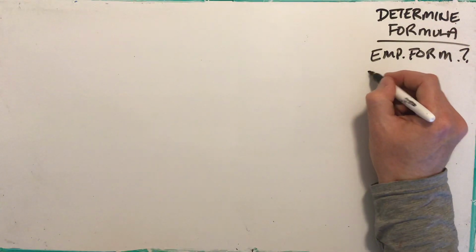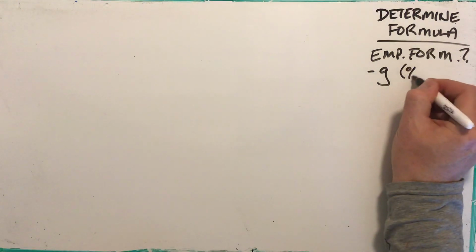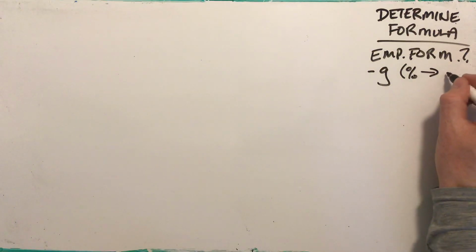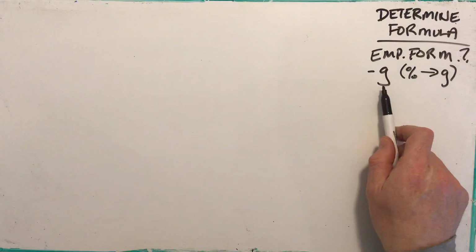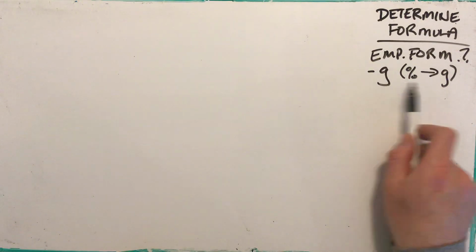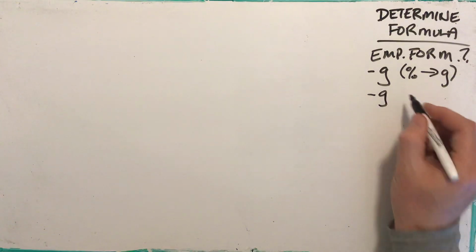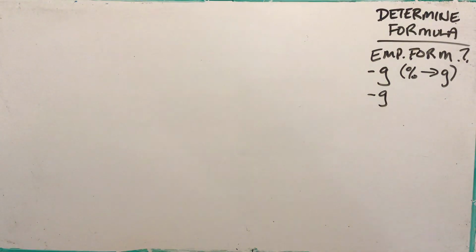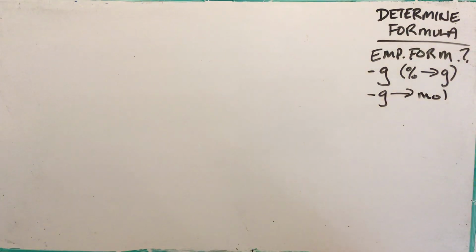Remember, the steps were we had to get the mass in grams. All right? Now, if we were given percent composition, we assumed 100 grams and turned that directly into grams. Or the problem might give us grams right from the get-go, and we don't have to do this extra little step. Then, knowing that all formulas are based on amounts, we change the grams into moles.